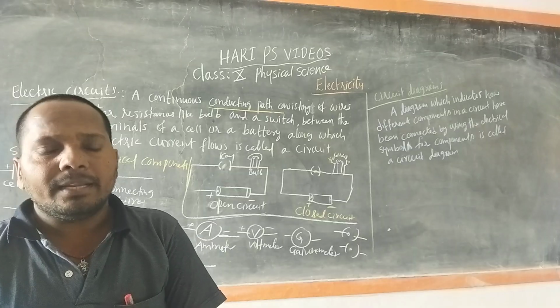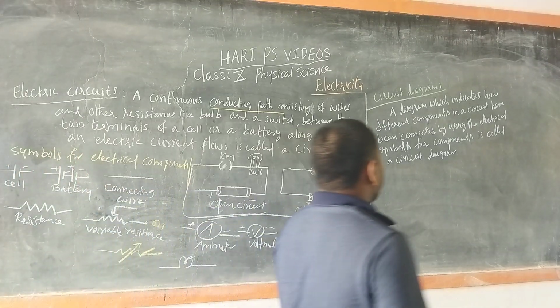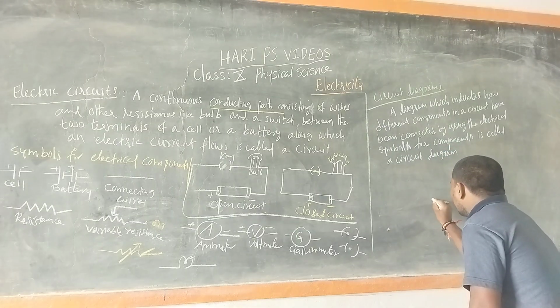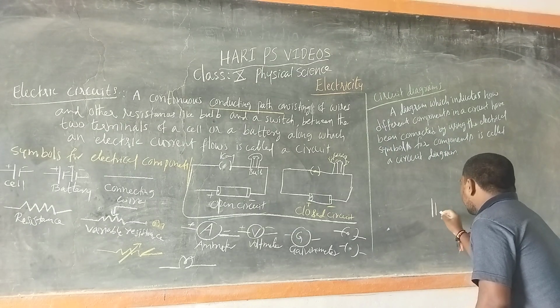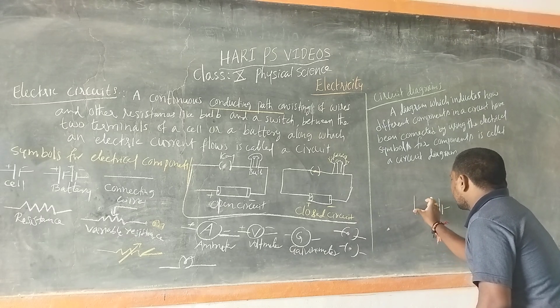Simply we can say electric circuit diagram. So for example, you can represent a cell or a battery.